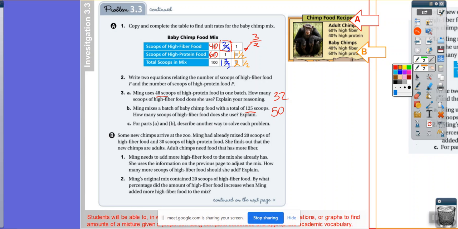So what you could do is you could say, Ming has 30 scoops of high protein food. So how many scoops of high fiber food will she need? Okay. And since we have already found that you should find 3 halves of 30 to get the high fiber food, you would multiply 30 times 3 halves.